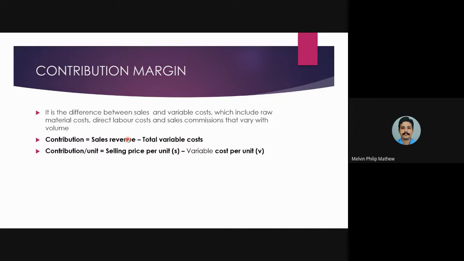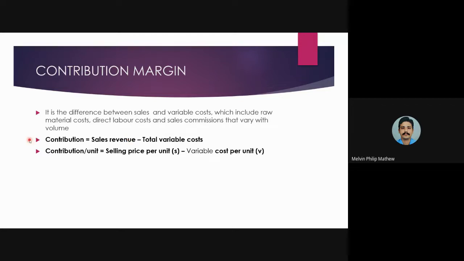It differs with the amount of material that we are ordering. So it is the difference between sales and variable cost, which includes raw material cost, direct labor cost, and sales commission that vary with volume.